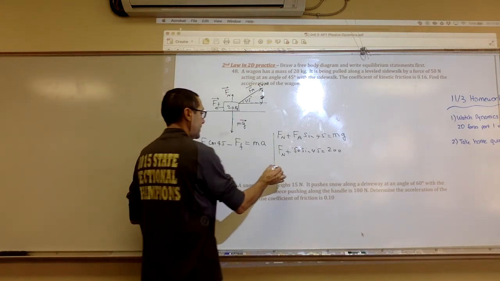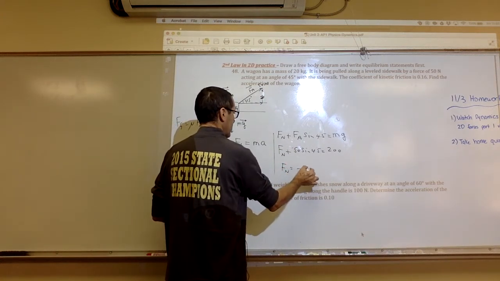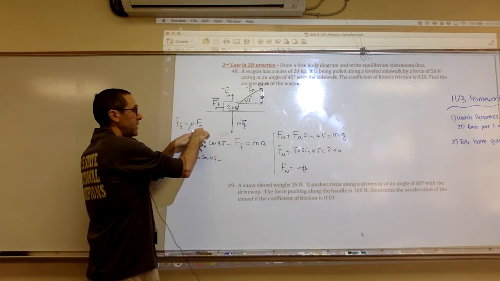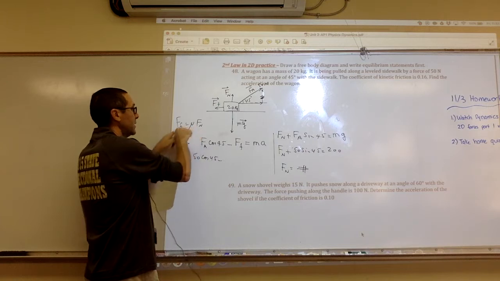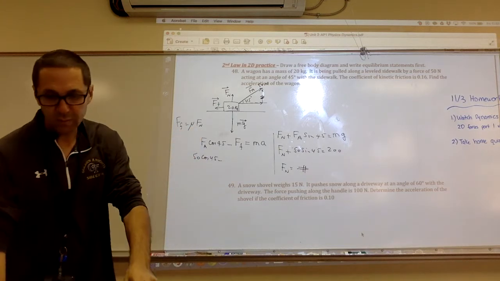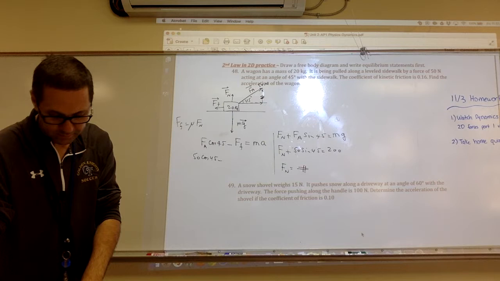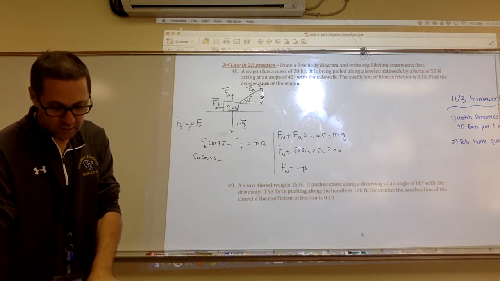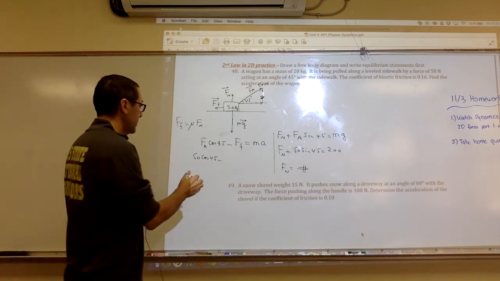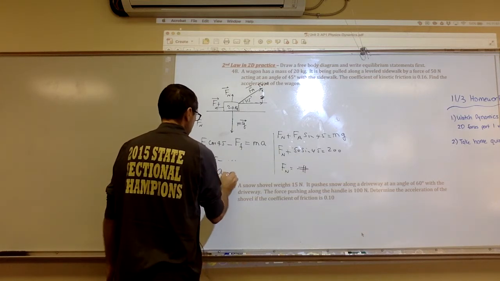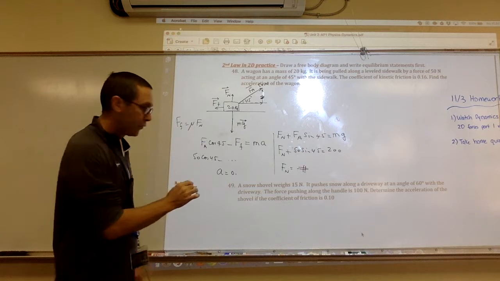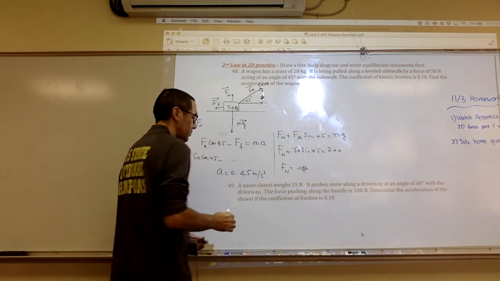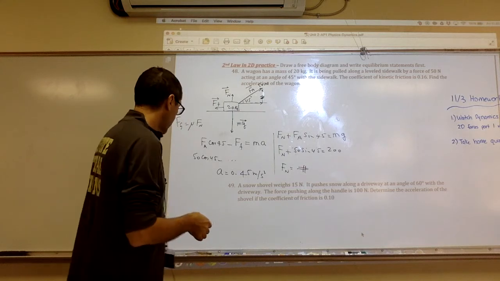Once I get a number for Fn, I put it in here with the 0.16, and now you have your friction. The Fn should be 164.64, and if you plug all that in, you should get an acceleration of 0.45 meters per second squared. I'm not doing the calculations because that's the easy part.